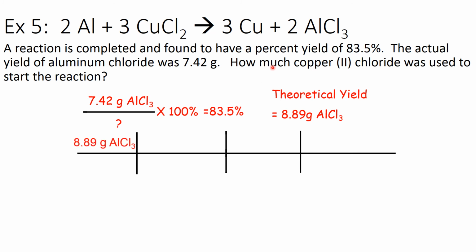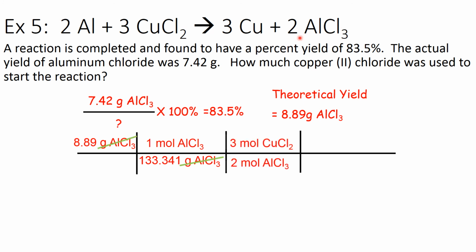So we'll start with our 8.89 grams of aluminum chloride theoretical yield and divide by its molar mass in order to get moles. We want to calculate the 3 moles of copper 2 chloride for every 2 moles of aluminum chloride that we ended up with.